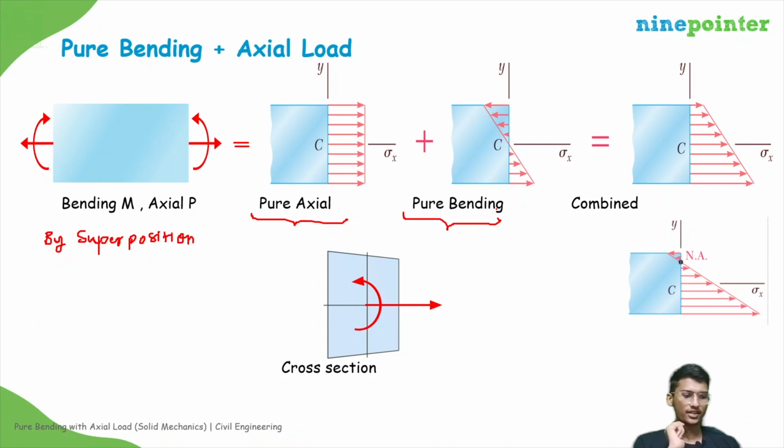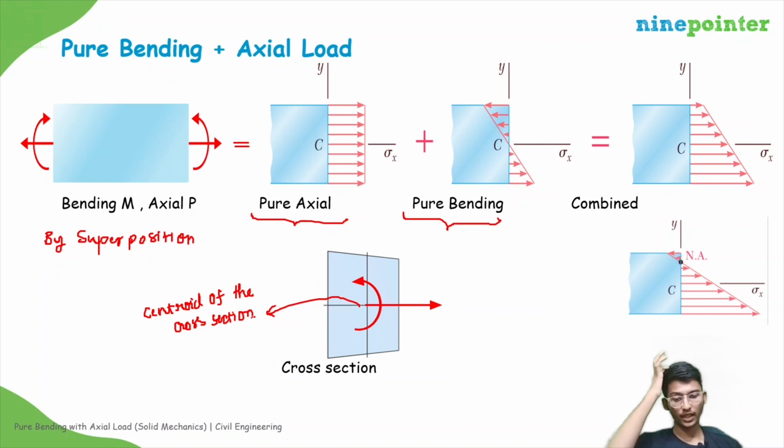So due to the pure axial one, suppose this is the centroid of the cross section. We already discussed this in axial loading. We said that for uniform stress distribution due to an axial concentrated point load, the line of action of that point load should pass through the centroid of the cross section.